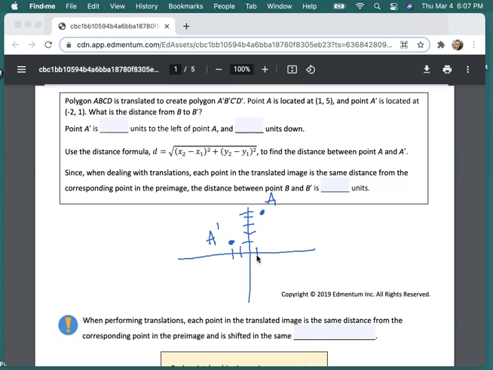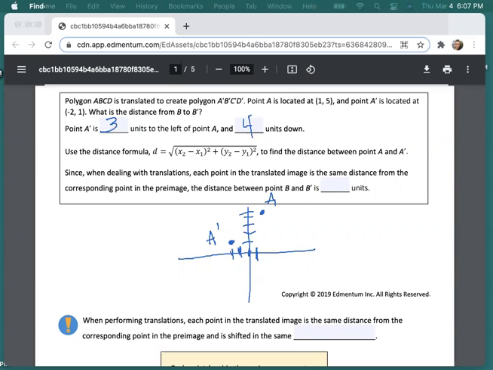Well, the difference between 1 and -2 is 3. And how many units down? So we're going from 5 to 1. That's 4 units down.